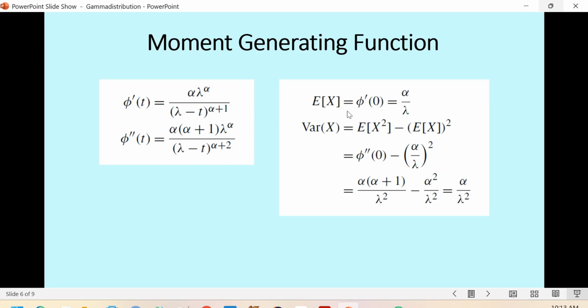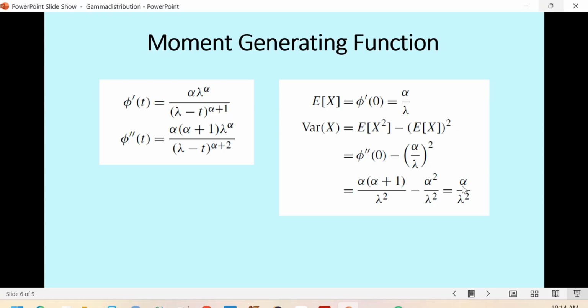Then we take the value t equals 0 for both. The expectation of x is the first derivative at t equals 0. And the variance of x is the second derivative at t equals 0 minus the square of the expectation.